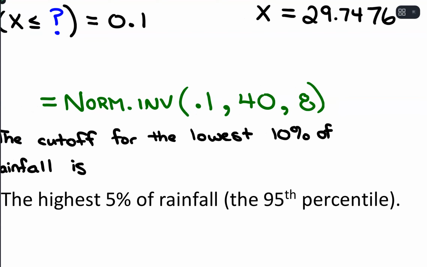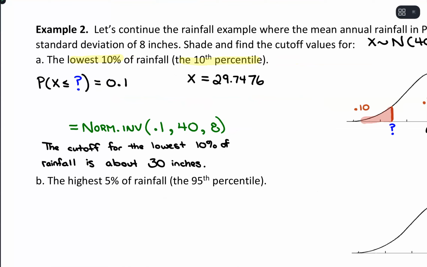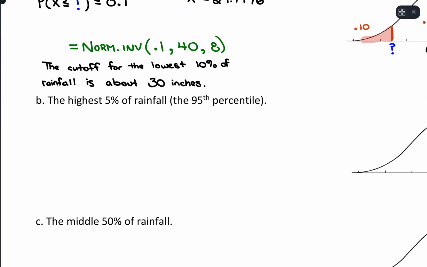If you want to round that to a whole number, you can. In fact, let's go ahead and do that. Let's say it is about 30 inches of rainfall. All right, so that's a scenario where we're given area to the left with that lowest 10%, or wording you could see as the 10th percentile.